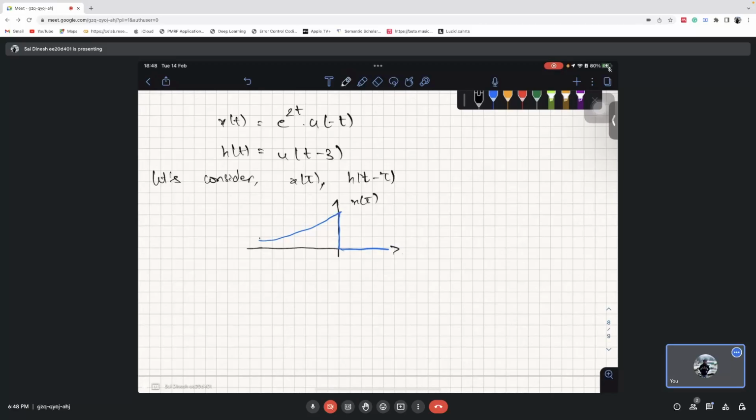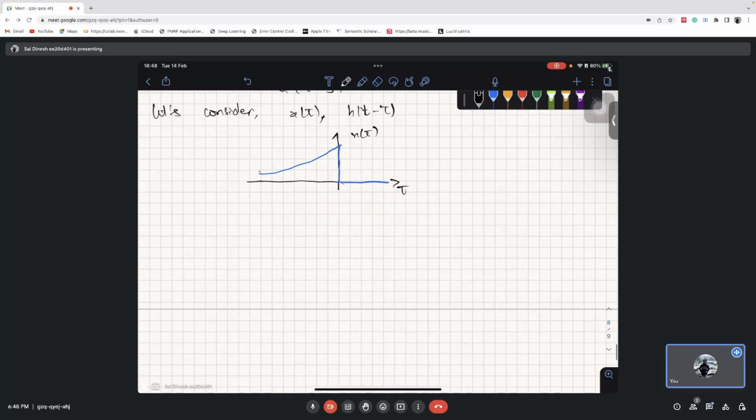So this is x of tau, and this right here is h of t minus tau, which is reversed. Again we consider h of tau, we time reverse it to get h of minus tau, and then we shift it to get h of t minus tau.